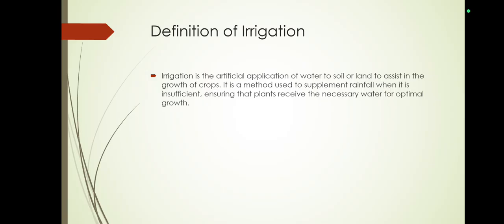It is a method used to supplement rainfall when it is insufficient, ensuring that plants receive the necessary water for optimal growth. Different types of plants require different quantities of water at different times till they grow up completely.